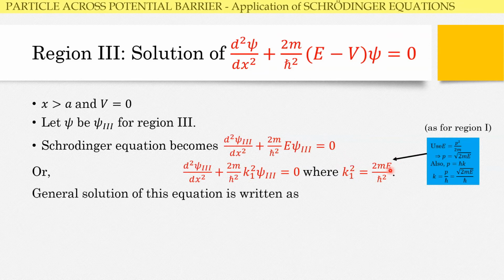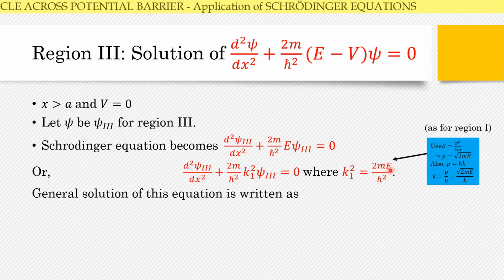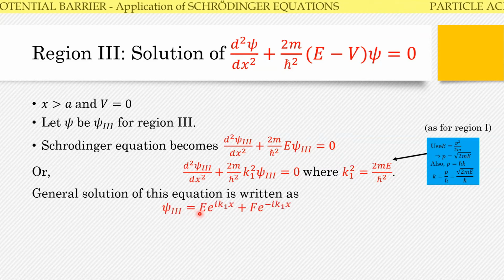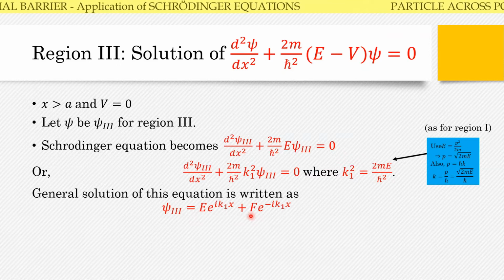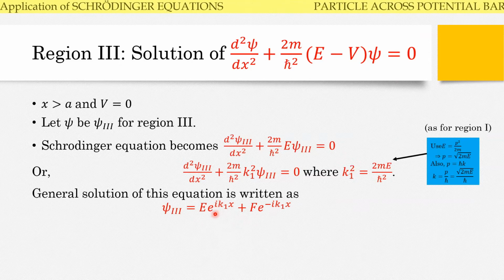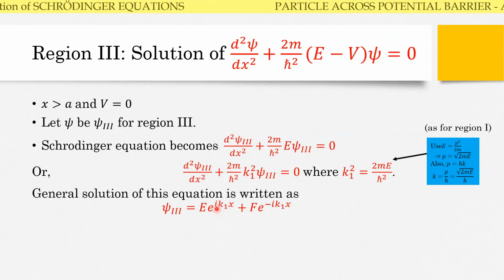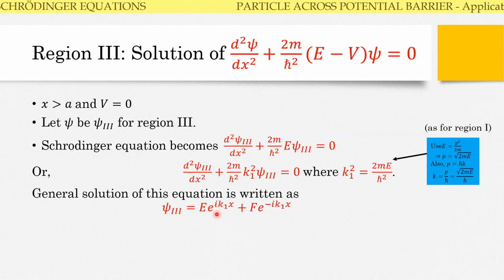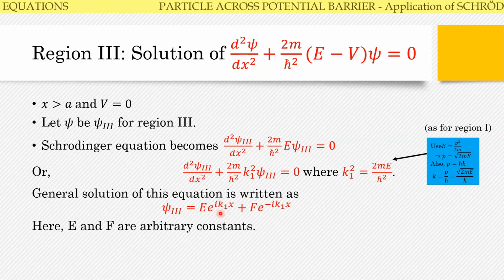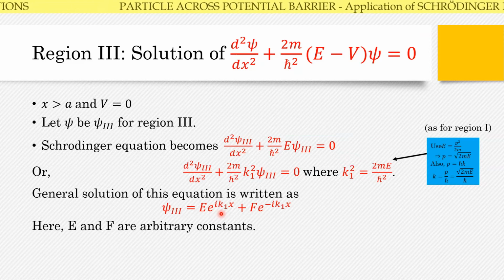So you can also write the general solution for this equation again in the form of exponentials. Arbitrary constants I have used here as E and F. Again for this term iota appears, and I can say that this is the term which represents the wave traveling in positive x direction.